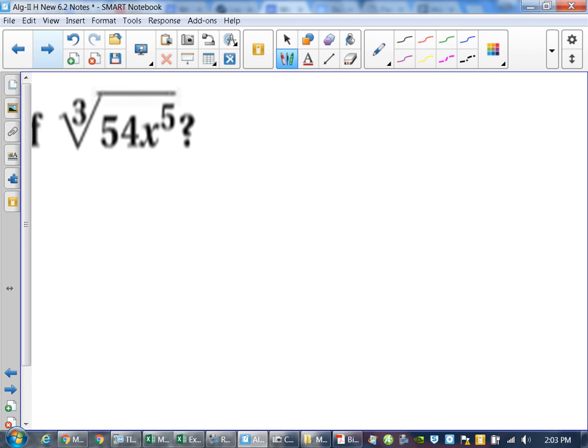So if we were taking a square root, we'd look for perfect squares, which were 1, 4, 9, 16, 25, 36, 49, and so on. Okay? We would look, so if this is the square root of 54, we'd see which one is the biggest perfect square that goes in. But now that it's a cube root, you're looking for the largest perfect cube, which means you have to know what your perfect cubes are.